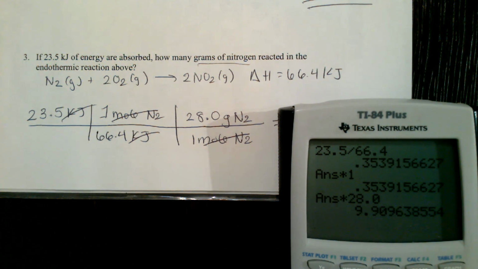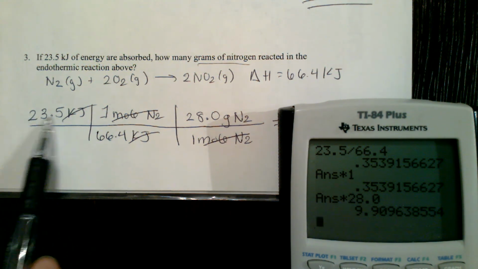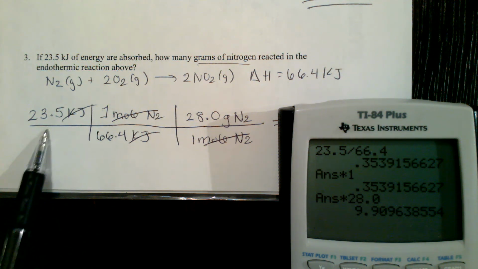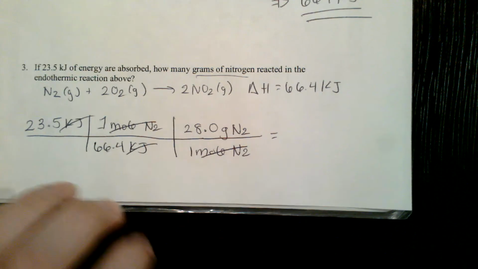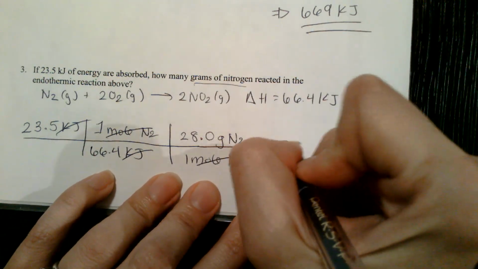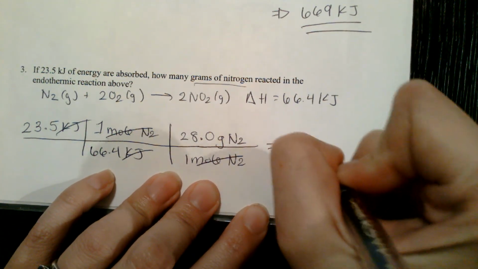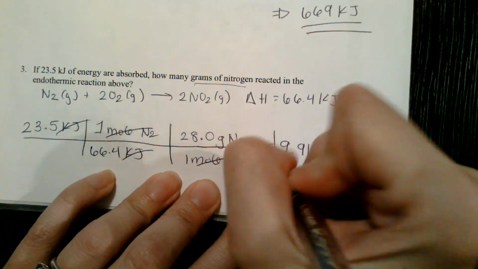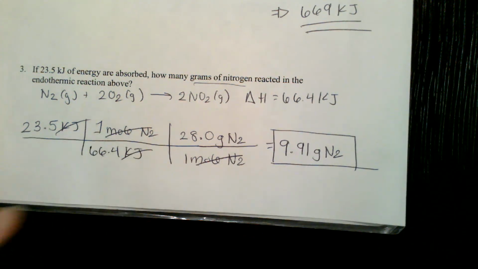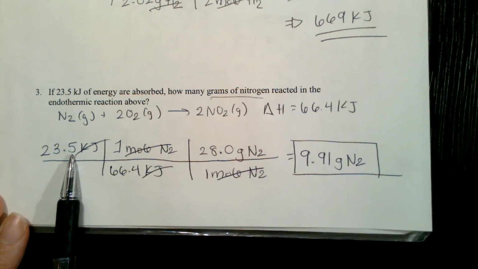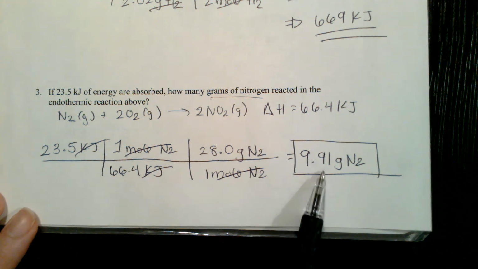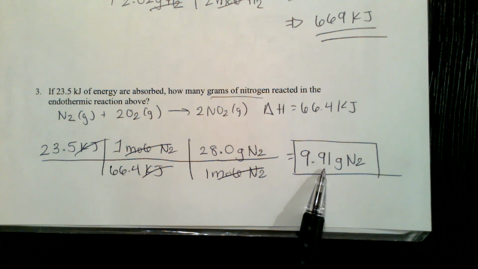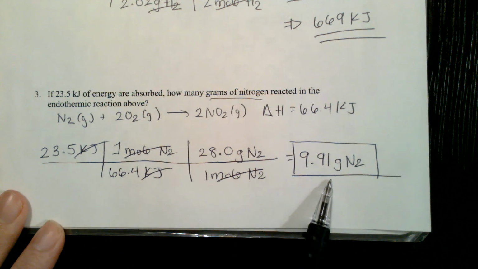So we get 9.909, all those other numbers there. We have 3 sig figs here, so it looks like we're going to have 9.91. So if this amount of energy was absorbed, then that amount of nitrogen reacted in the reaction.